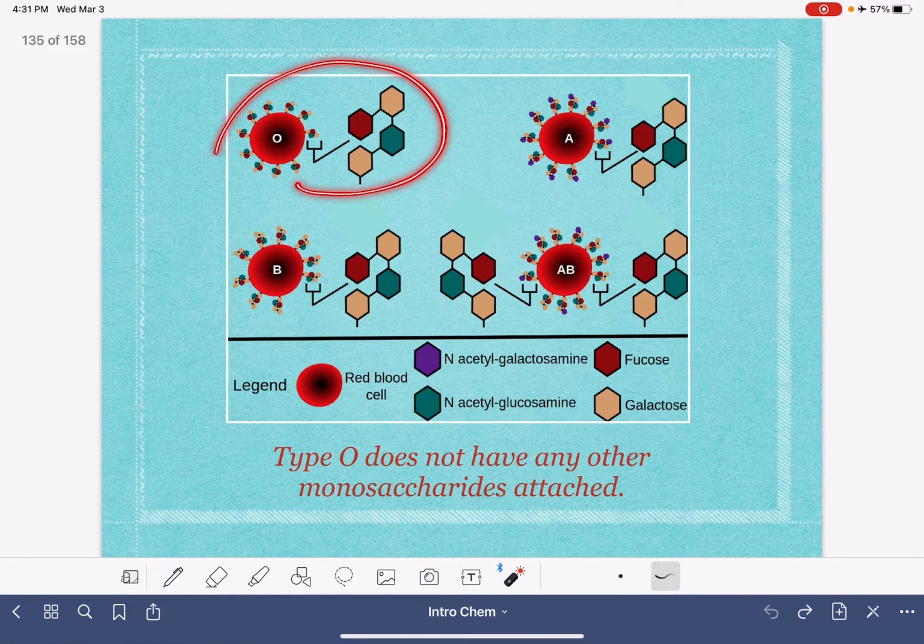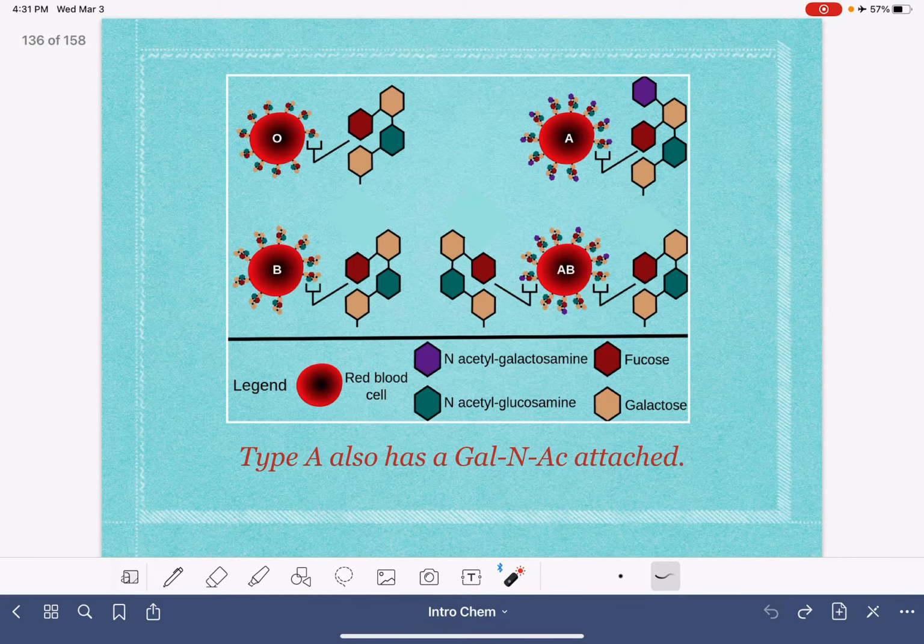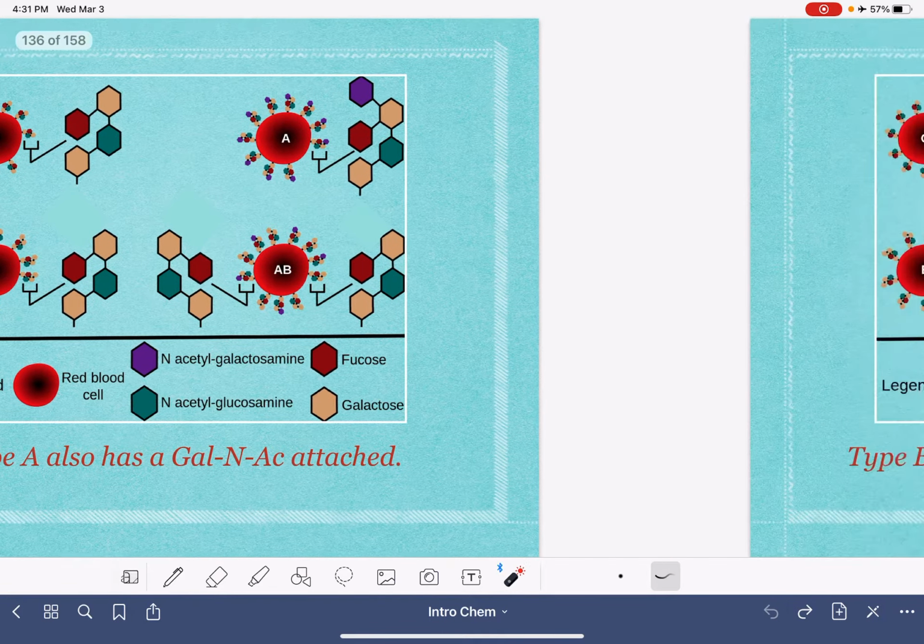Type O blood does not have any additional carbohydrates, so the structure on the surface of type O blood looks basically like this. Type A blood has a fifth type of carbohydrate attached, the N-acetyl-galactosamine molecule. So that makes type O and type A different from each other.